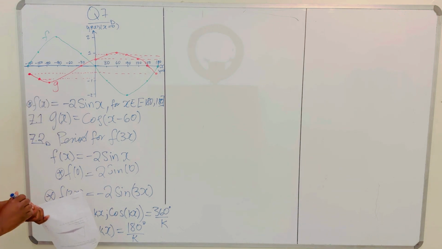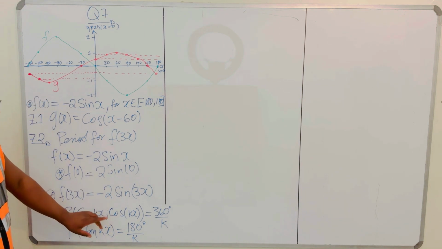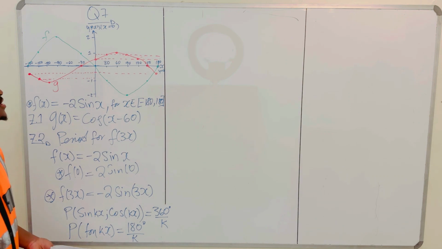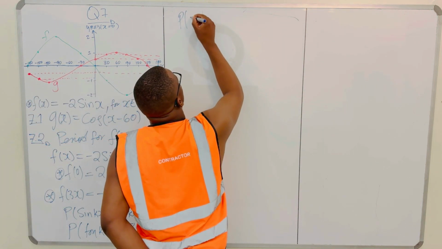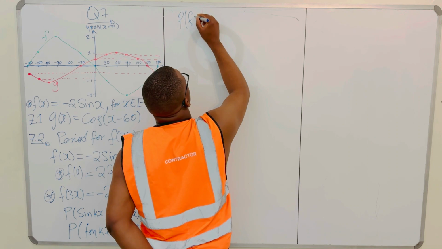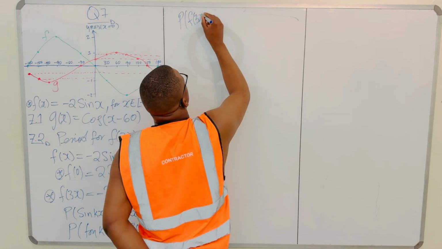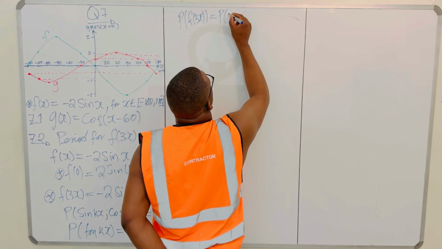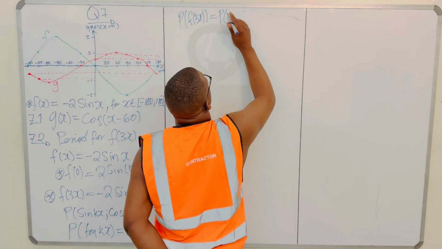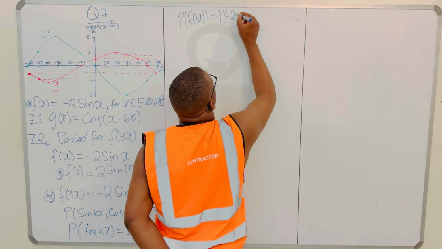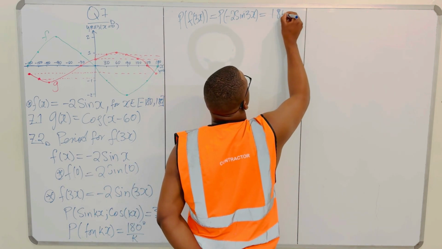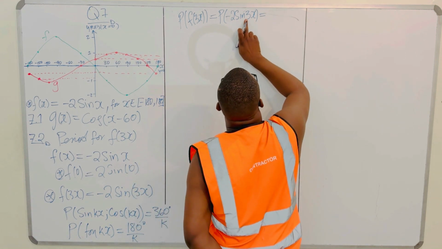That's how you calculate the period if you are given a full equation like this one, or a full equation like this one. In that case, if you want the period of f of 3x, which is period of negative 2 sine 3x, sorry, because this is sine, right?